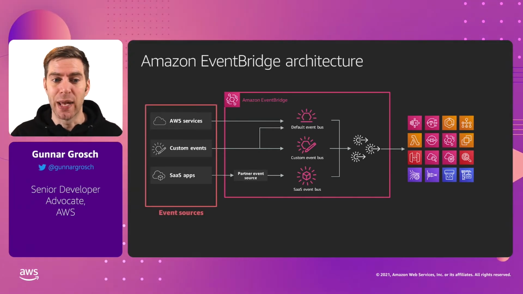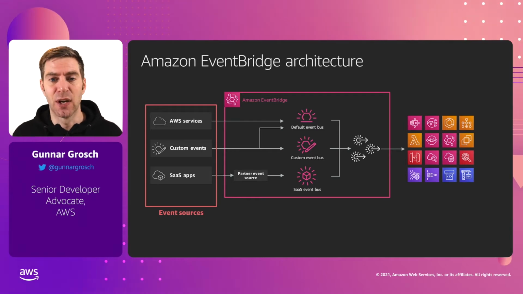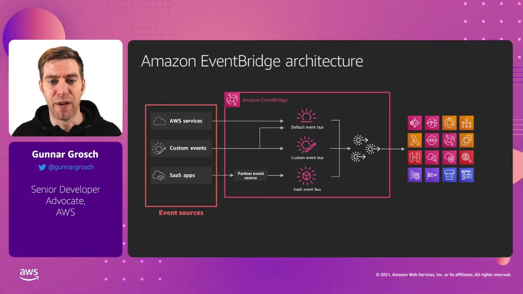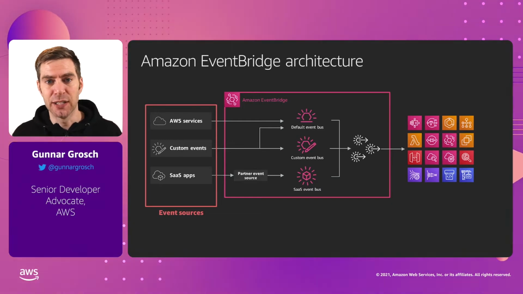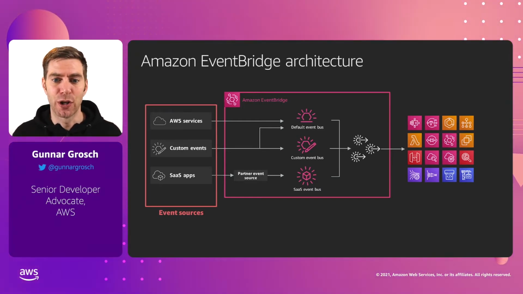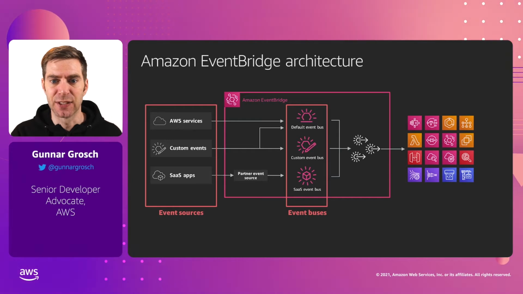So first off, we have the event sources, and an event, as I said, is a change in an environment, something that happens. And this could be an AWS environment, a SaaS partner, or one of your own custom applications. Next, we have what's called the event bus, and the event bus receives these events.